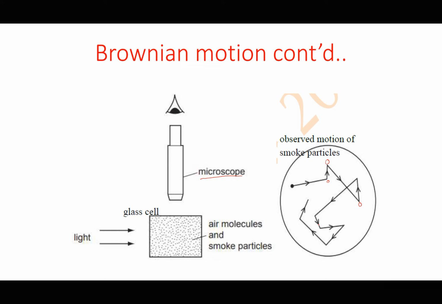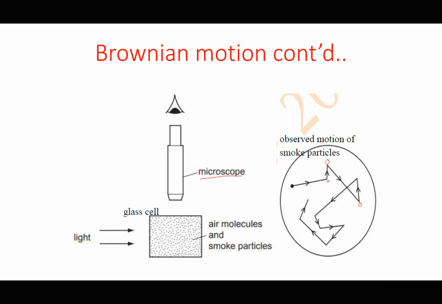The continuous random motion of the particles, the atoms, the molecules in liquids and gases is what we call Brownian motion.